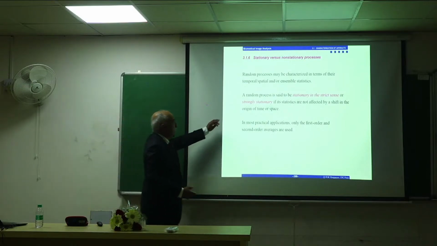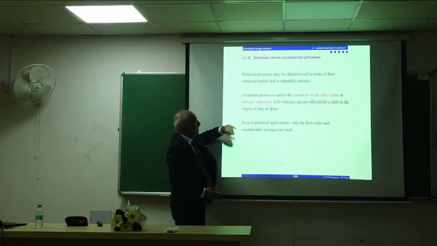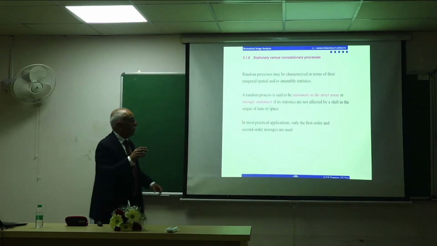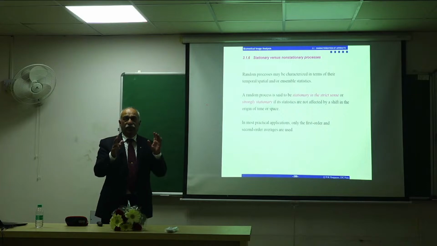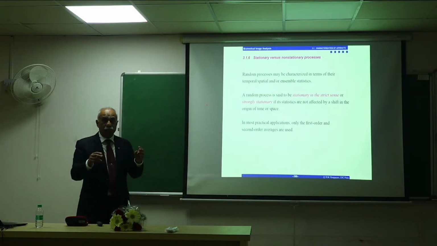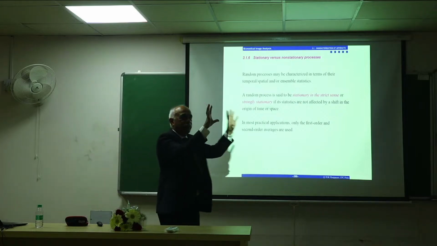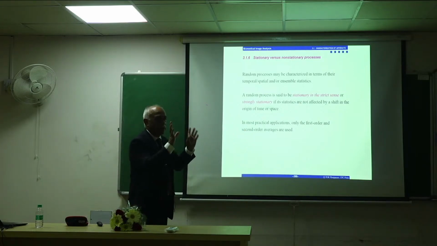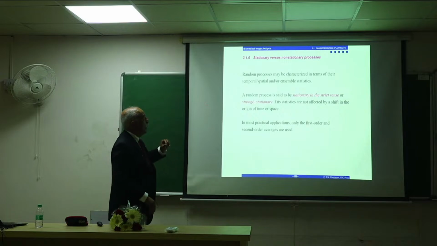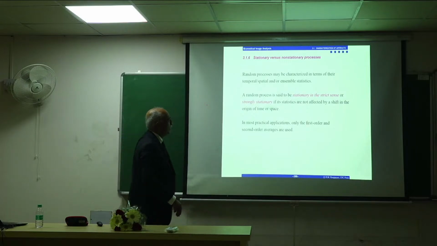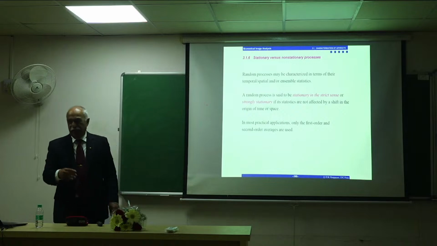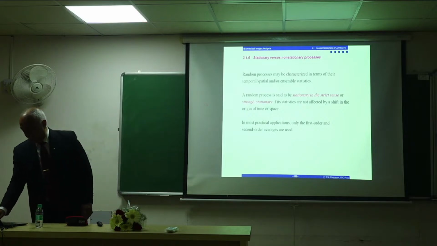A process is said to be stationary in the strict sense or strongly stationary if all of its statistics are not affected by a shift in the origin of time or space. So if you take a bunch of samples here or there, if the statistics are the same, all statistics, all moments. In practical applications, only the first and second order averages like mean and standard deviation or variance are used.